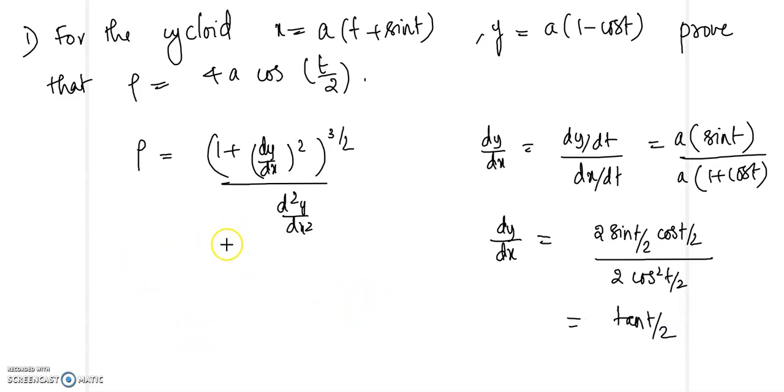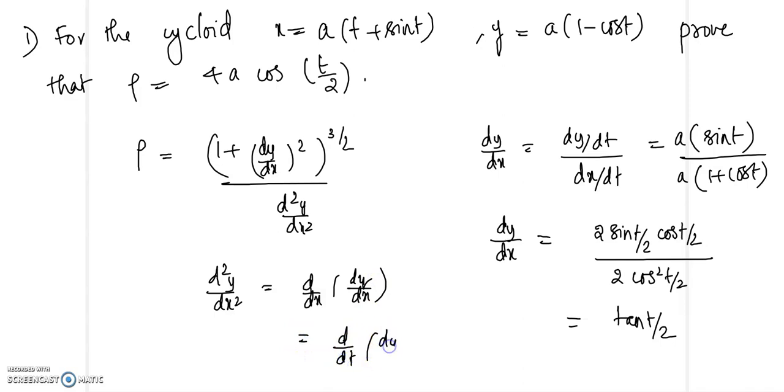And d square y by dx square will be d by dx of dy by dx. So that is equal to d by dt of dy by dx into dt by dx varum.